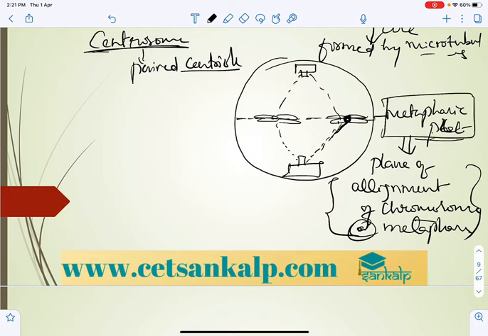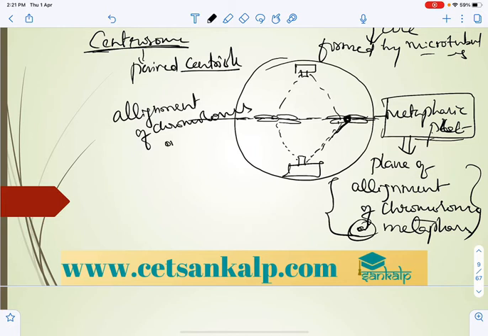There the alignment takes place, and the spindle fibers attach to the kinetochore, pull those chromosomes and align them into the equatorial plate. So the characteristic feature here is the alignment of chromosomes on the equatorial plate.